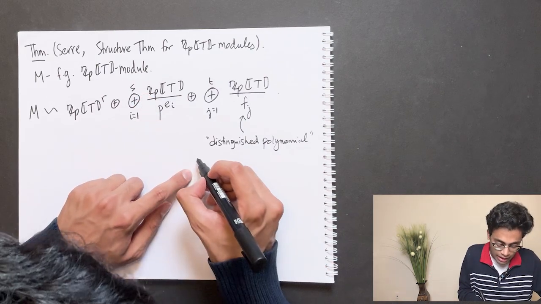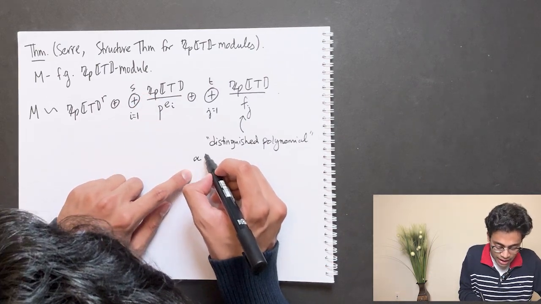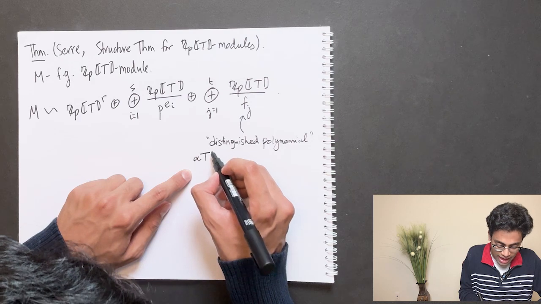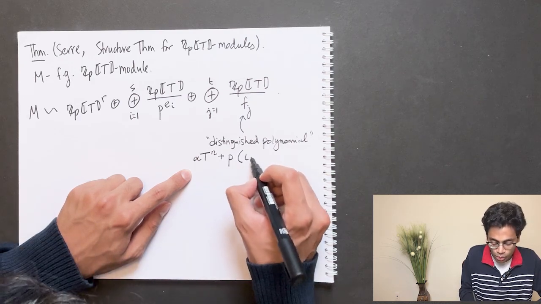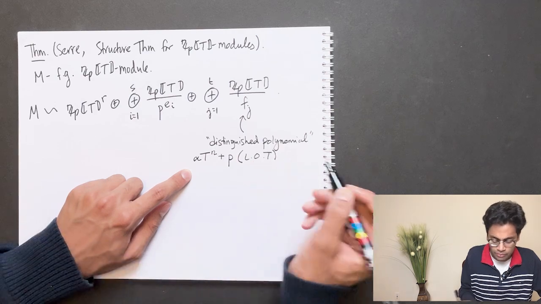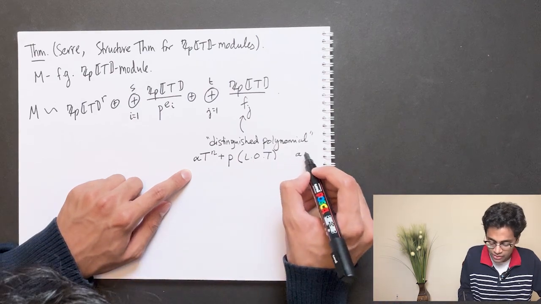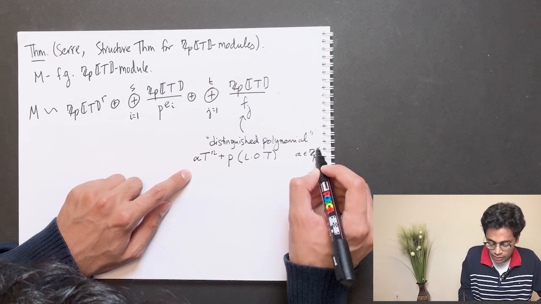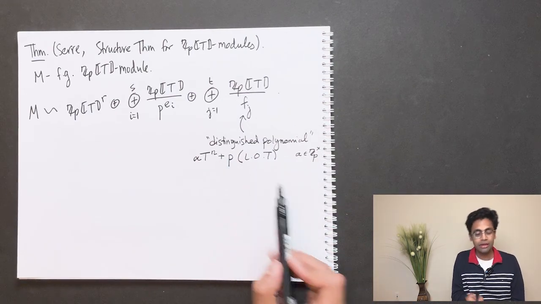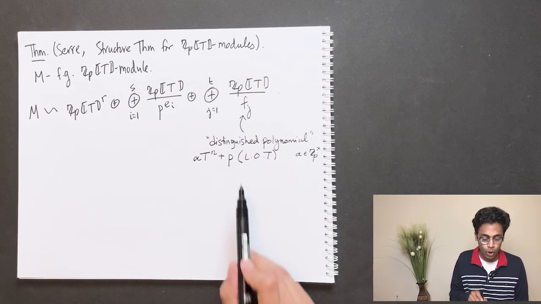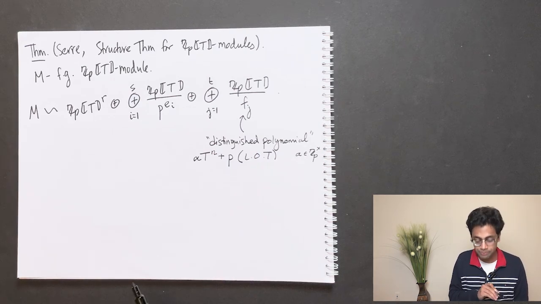So something of the form a T to the n plus p times lower order terms, and a is a p-adic unit. By lower order terms, I mean T to the n minus 1 and lower order in degree. All of these terms are 0 mod p.